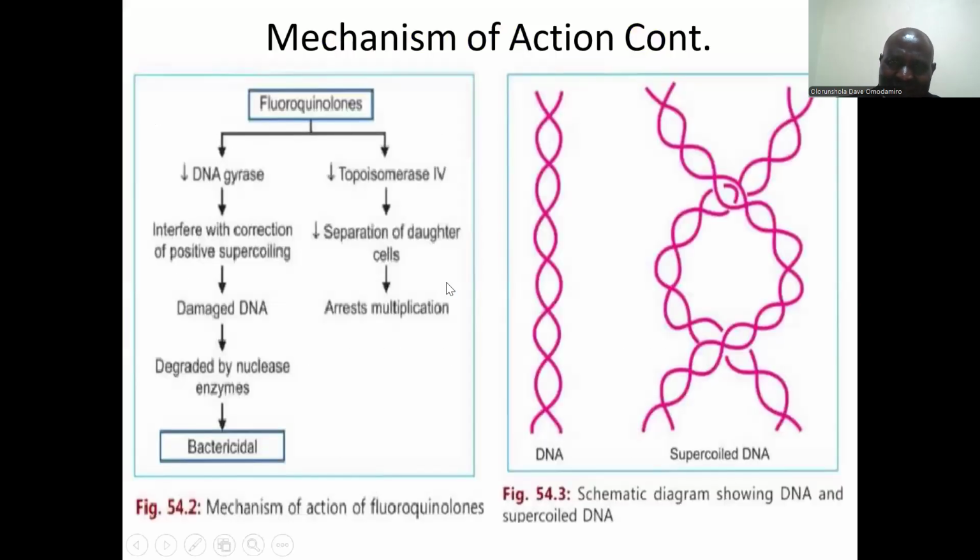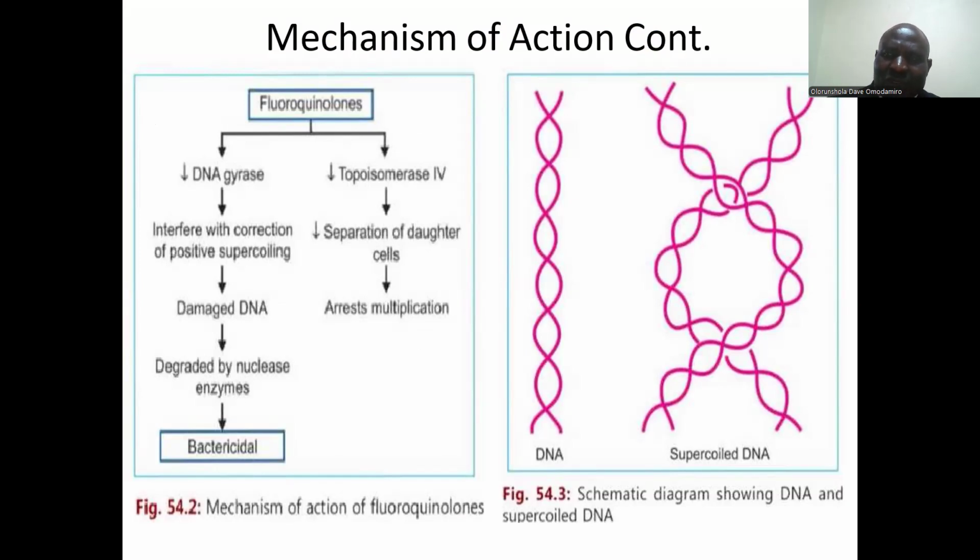You can appreciate this very well. When this DNA gyrase is inhibited, it interferes with positive supercoiling. During replication, when the helicase at the replication fork tries to unwind or separate the strands, there is a formation of supercoils, and these supercoils have to be unwound.